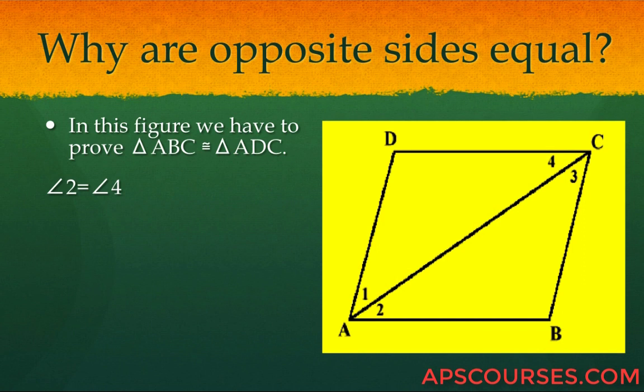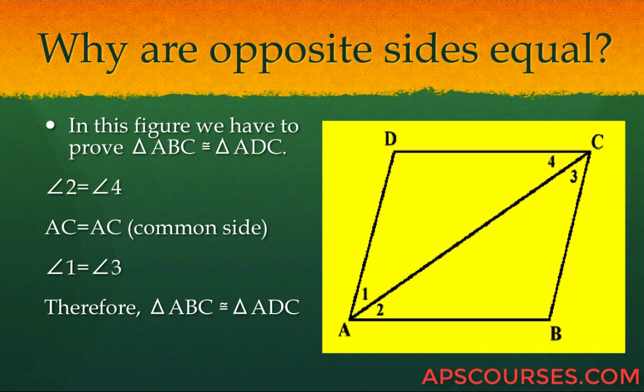Angle 2 is equal to angle 4 since they are alternate angles. AC is the common side to both these triangles. And angle 1 is equal to angle 3. Therefore, triangle ABC is congruent to triangle ADC, and hence AD is equal to BC and AB is equal to CD.